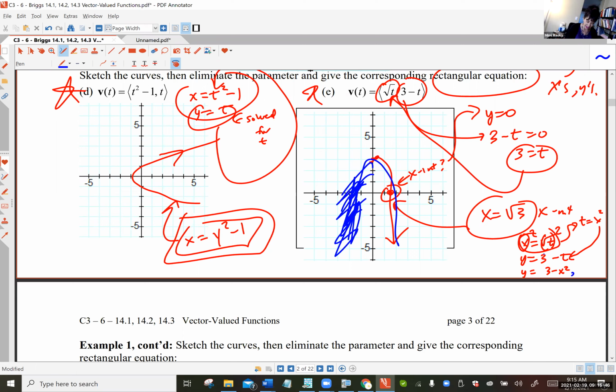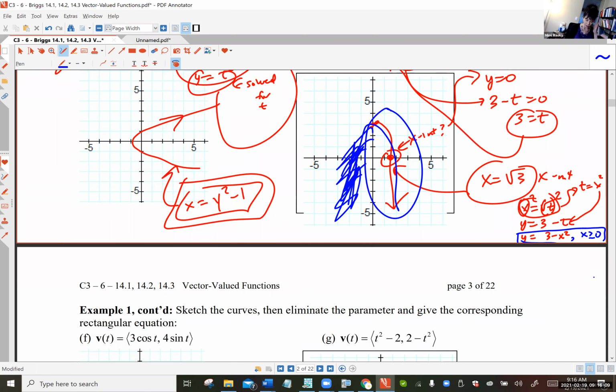The domain here, in order for these graphs to match, would be as long as we make sure that x is always greater than or equal to 0, then it will only be graphing the right-hand side of the parabola. And so the final answer is y equals 3 minus x squared, comma, the restriction of the domain x greater than or equal to 0. And we're done with that one.